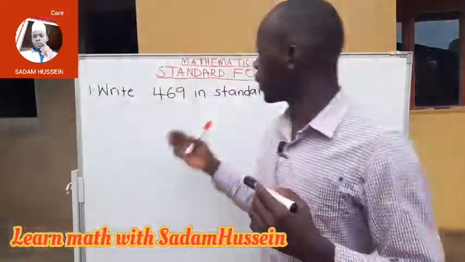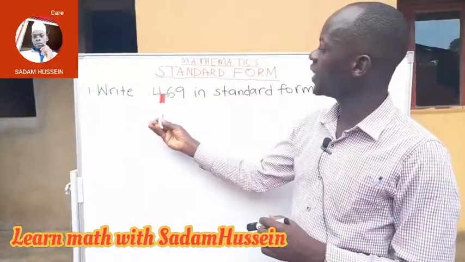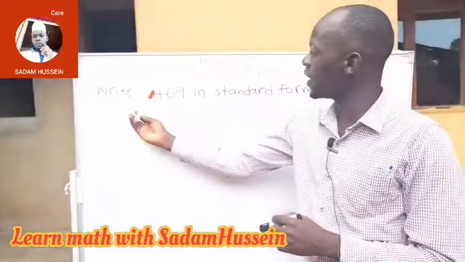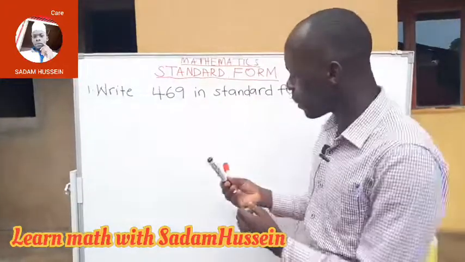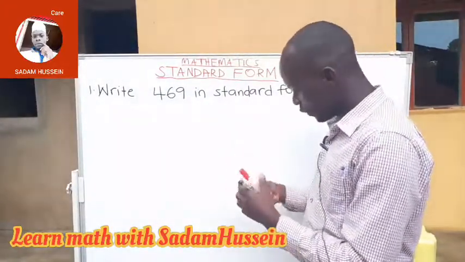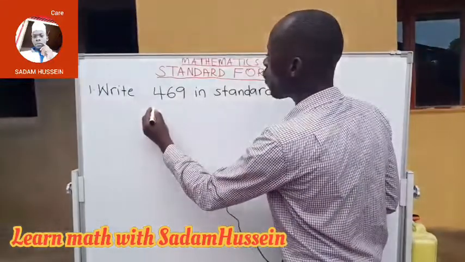Now, they have given us a number like: write 469 in standard form. When you are writing this number in standard form, I want us to follow this carefully.